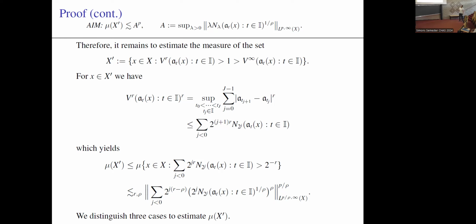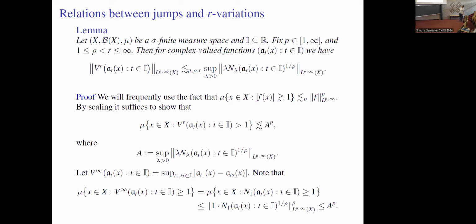Having this estimate, we can easily bound the measure of our set by the measure of this level set. We forget about this additional condition here, because it is already written in the summation over j's smaller than 0. And here we once again use this simple estimate.